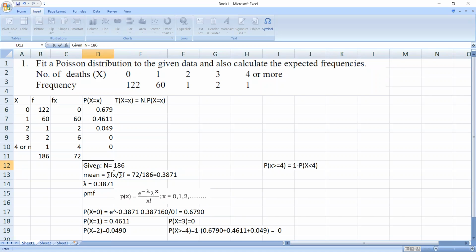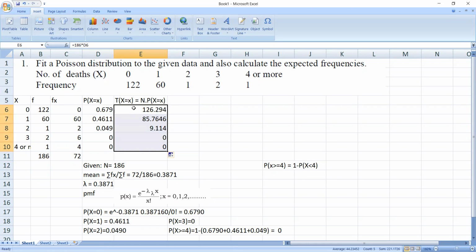So multiply every probability by 186. Then generate the frequencies. As far as possible, you have to write the integer value. So approximately equal to 126.